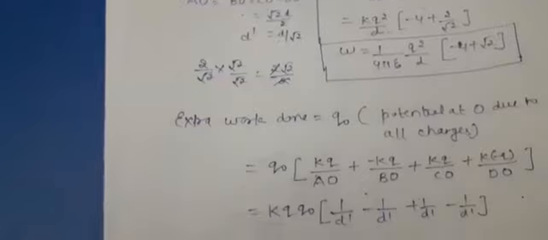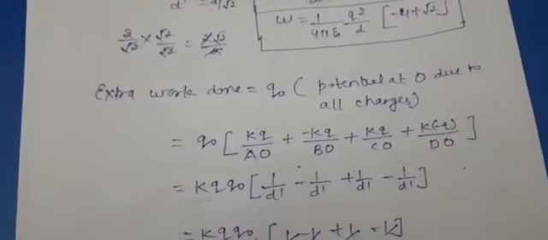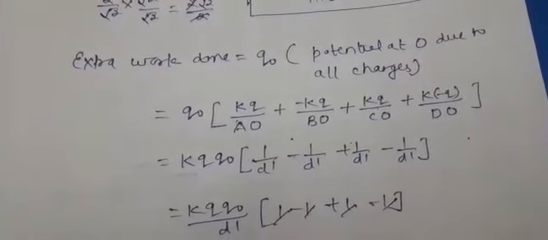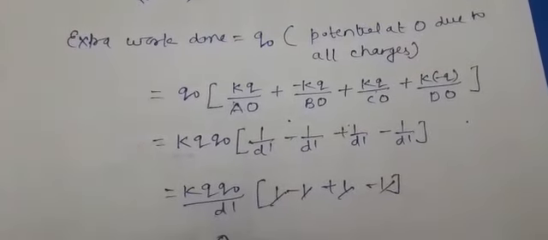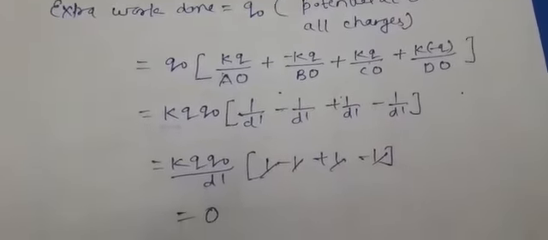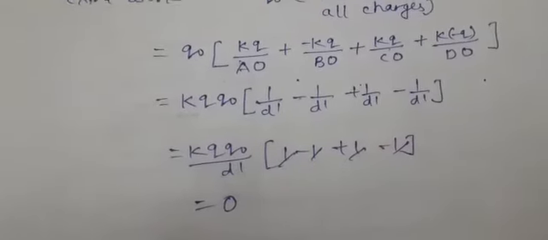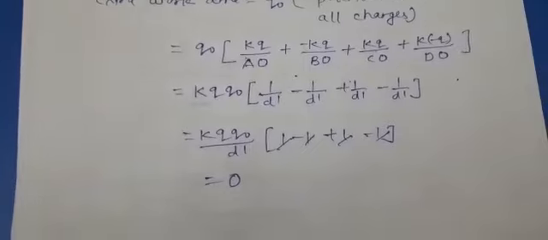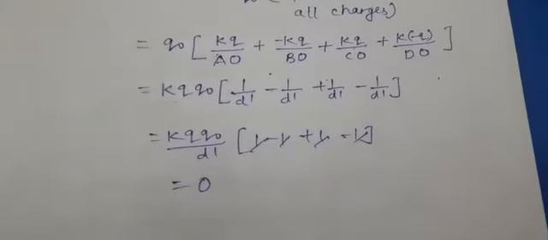The extra work done will be Q naught into the potential at the center due to all the other charges being fixed, and as there is no change in the distance, no work will be done. I hope this is an NCERT solved question. So you should practice such kinds of numericals more from the books.